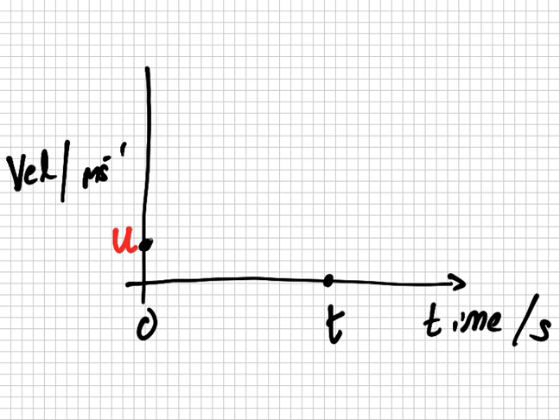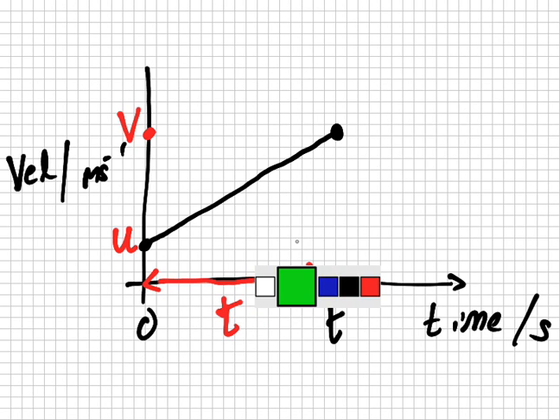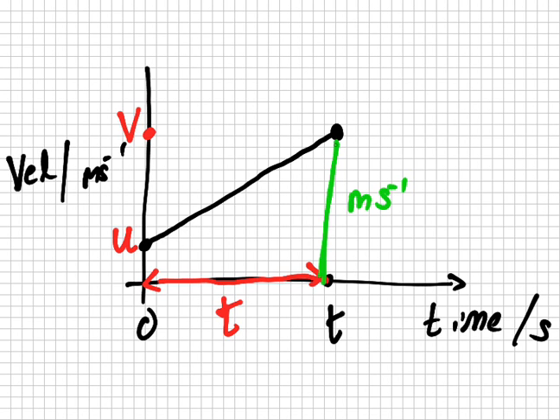And then this increases. So what's this letter at the end? V. Now what's this here? T, the time. Now look at this. What unit is this here? This is meters per second, isn't it?